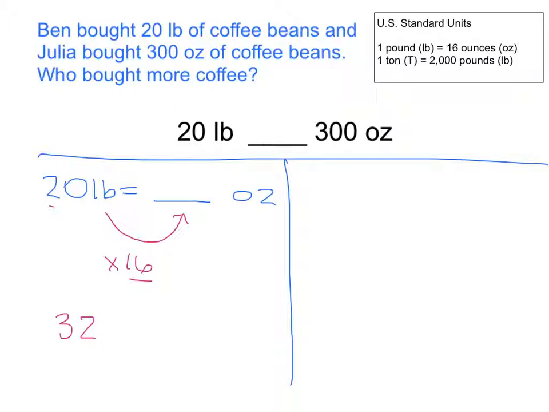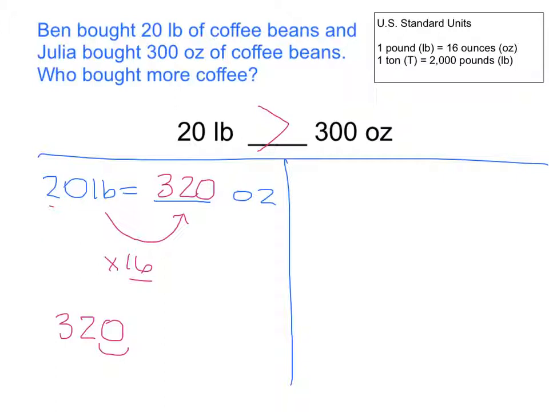And when I put the 0 on or move my decimal place over to the right, now I have 320 ounces. So that tells me that 20 pounds equals 320 ounces. Clearly, 320 is a lot bigger than 300 ounces. So I can already say that 20 pounds is greater than 300 ounces.